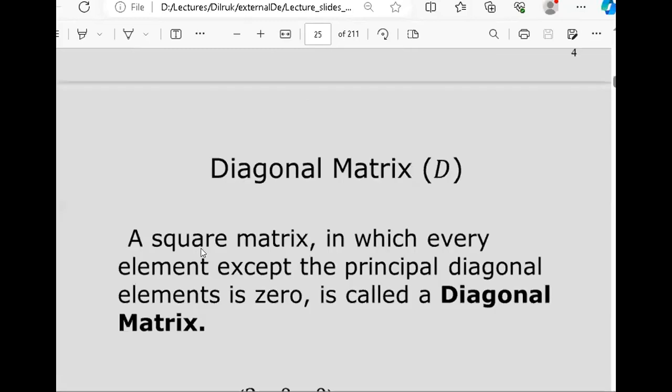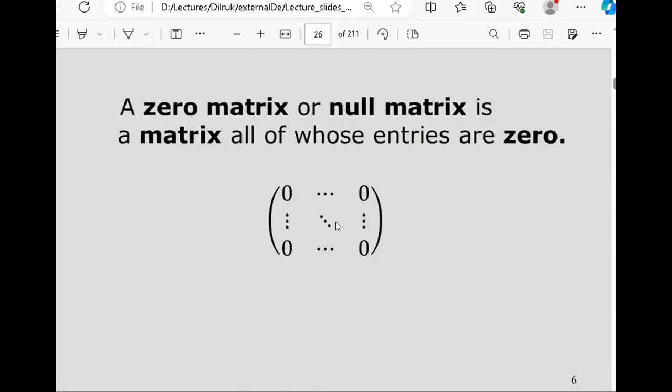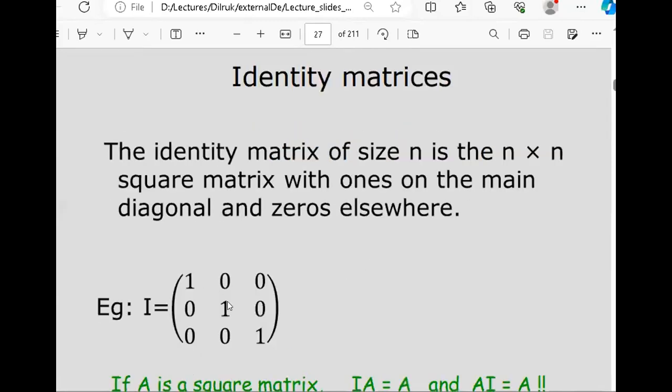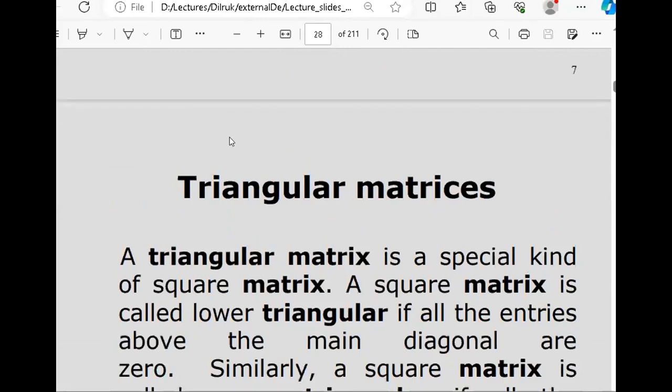So this is a 3 by 3 diagonal matrix. This is 2 by 2. Zero matrix: you have every element equal to 0. Identity: all off-diagonal elements are equal to 0.